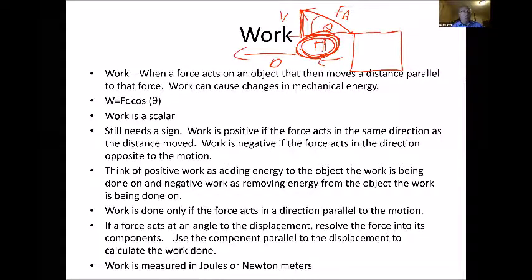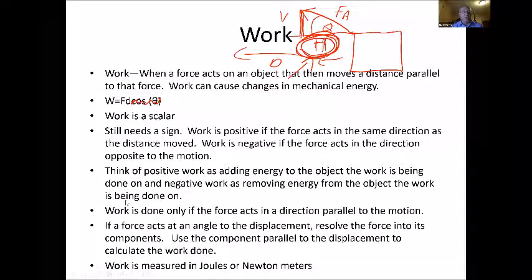So you could just do W equals F D, where that component is the F and the distance is how far the box moves. And that way you wouldn't have to worry about the cosine of theta. So you can do it either way. You can use F D cosine theta, or you can resolve the force into components and use only the force component that is parallel to the direction of motion. Either one works.